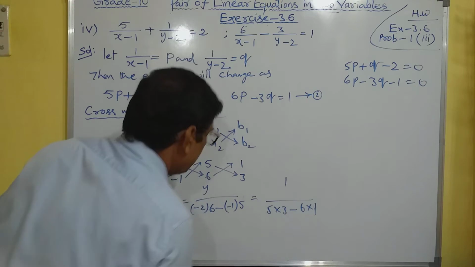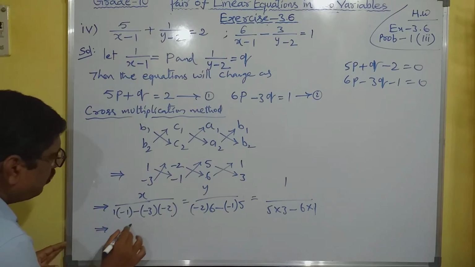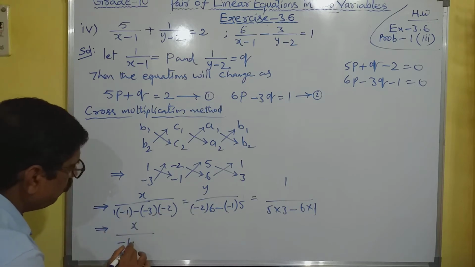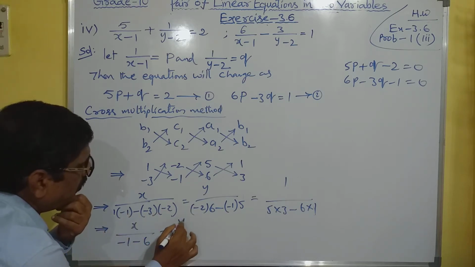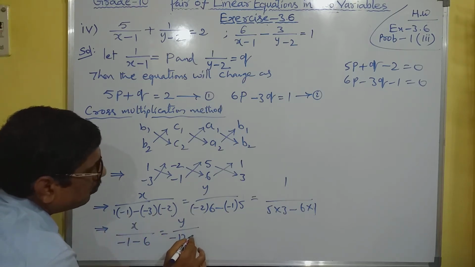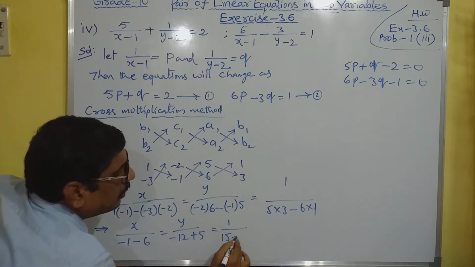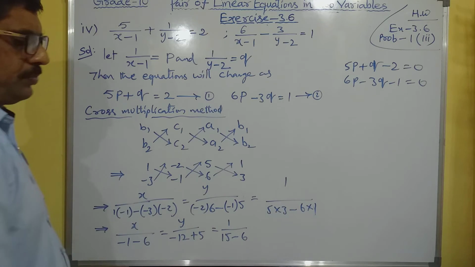Okay? Now you look at this. This implies x by 1 into minus 1, minus into minus is plus, minus 3 into minus 2 is 6; y by minus 2 into 6 is minus 12, plus 5; is equal to 1 by 5 into minus 3 is minus 15, minus 6 into 1 is 6.